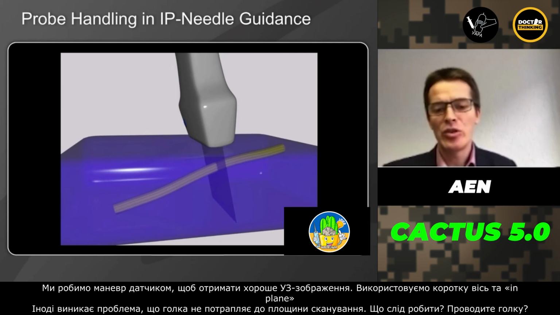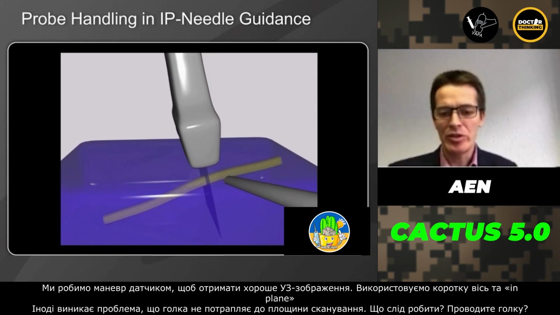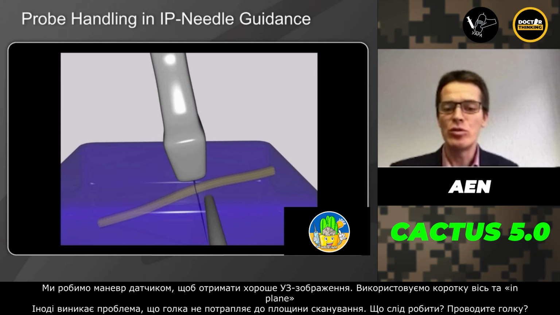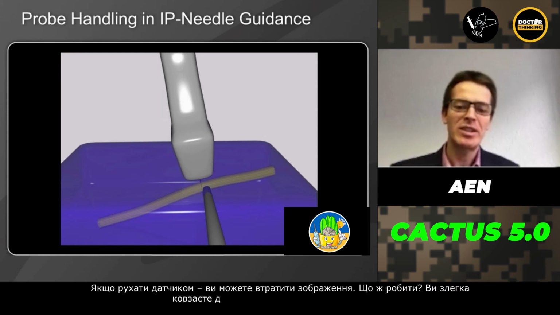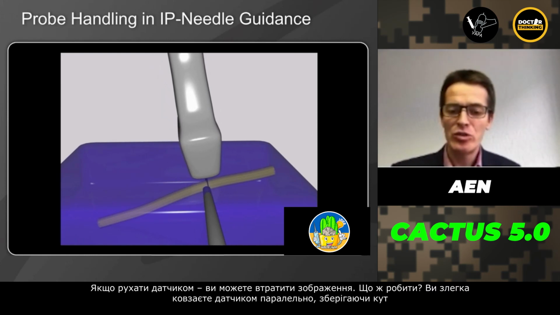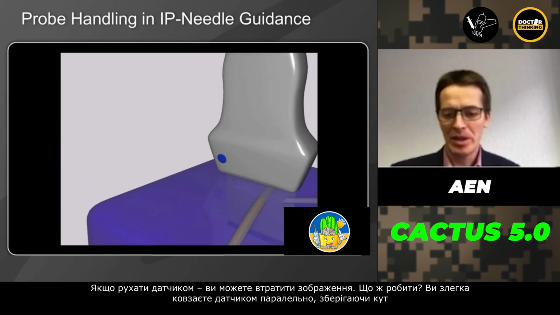And then, using a short axis and in-plane approach, it may happen that for some reason the needle is not in the scanning plane. So what do you do? Do you move the needle? If you tilt the probe, you may lose your image. So what you do instead is a little parallel sliding of the probe, keeping the angle.